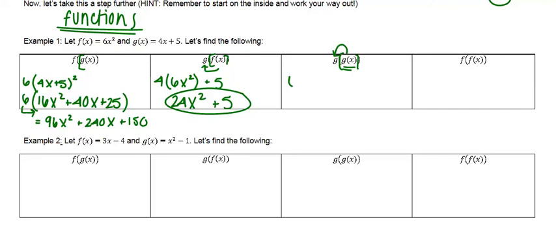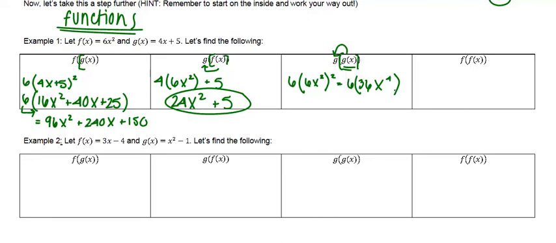For the next one, it looks like we are taking g of x and we are plugging it into itself. So we're making a substitution for x. So I'm going to say 6 times 6x squared. I'm going to square that. Remember that we are only substituting for the one variable. So the first thing that I'm going to do with this is I'm going to square this.